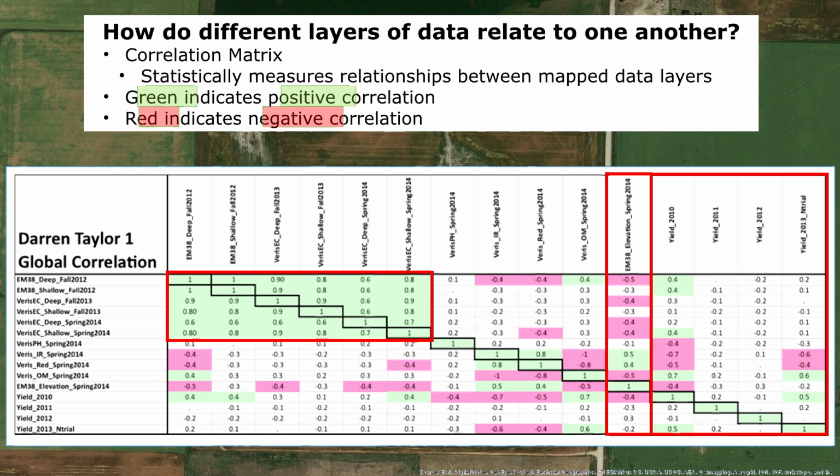And finally, the last 4 columns on the right, that's all 4 of our yield data maps. And you can see, I found it really interesting that there's some relationships for 2 of the years, so yield in 2010 and yield in 2013, the two outside columns in that last square. You can see there's some strong, or at least moderately strong relationships with some of the mapped layers that we took.